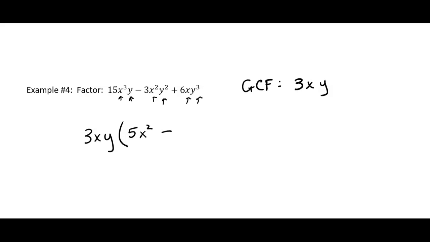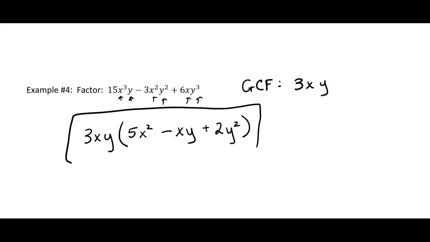Minus, okay, it's going to still be a minus sign there, so don't worry about that. The 3 came out, an x came out, so I have an x left over. A y came out, I have a y left over. Okay? Plus, now 3 goes into 6 2 times. The x came out, a y came, so how many x's left? A y came out, so I have y squared. Okay, I believe this is the answer.